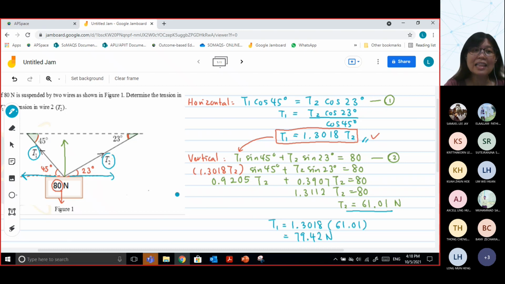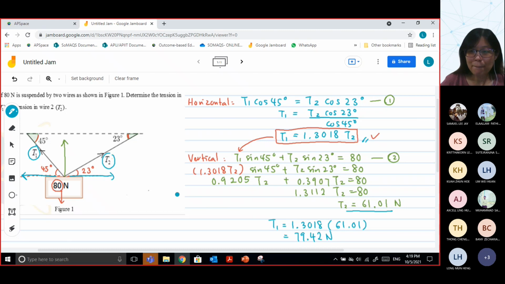Unless the question never gives you T1 and T2, then you use your own T1 and T2, and it should be based on your workings to give you the marks. So please take note, I follow exactly the diagram given.